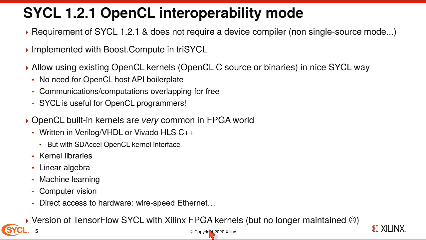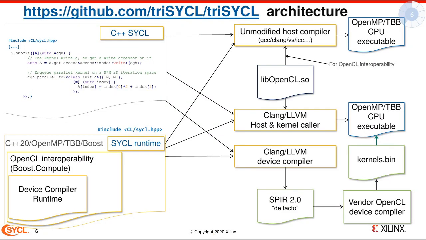And that's how at some point we had a TensorFlow SYCL where you were able to execute some FPGA kernels directly from it. The current architecture of the implementation is that you start from an existing SYCL program, and in the simple case where you just want to run it on CPU, you just use your usual host compiler and include the SYCL runtime, and then you just have a normal host executable using, for example, OpenMP or TBB to run faster on CPU. More interesting is when you want to target a device.